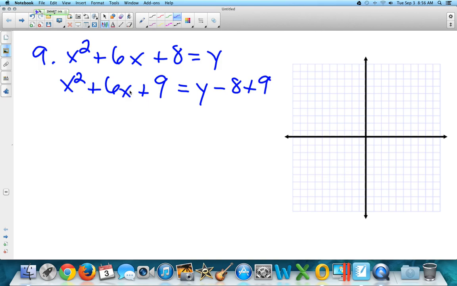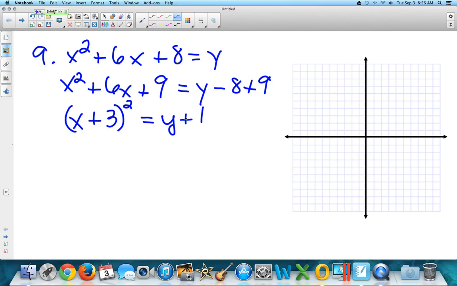I'm now going to factor this by perfect square trinomial. So I know I end up with x plus half of 6, which was 3, squared equals y plus 1.